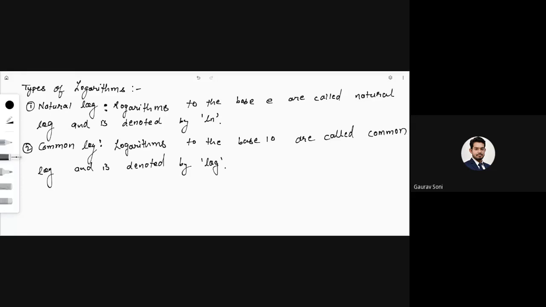So when it is written complete log, it is log to the base 10. When it is written simply ln, it is natural log.